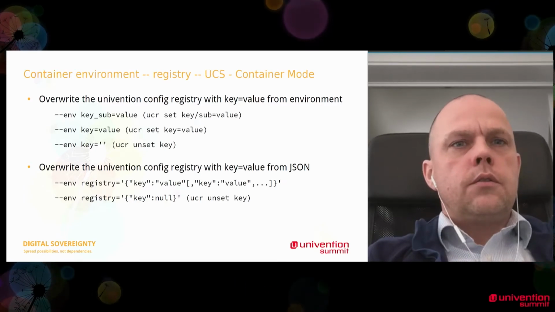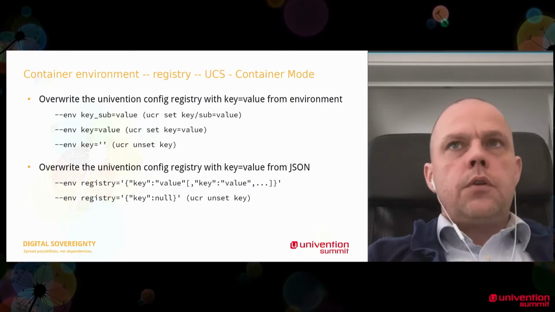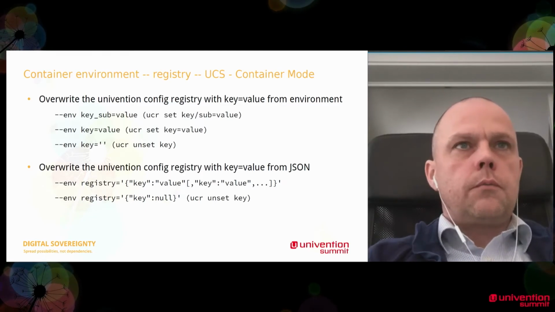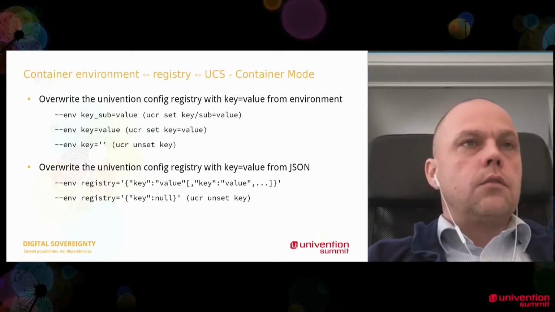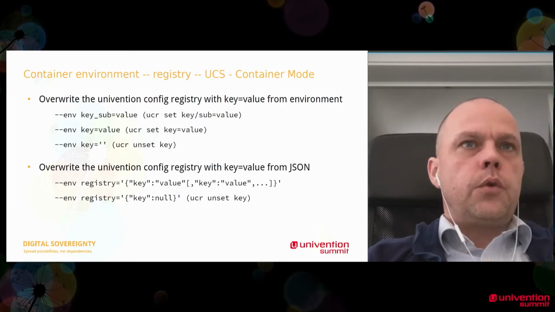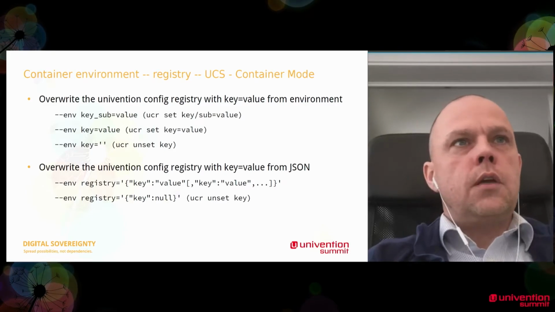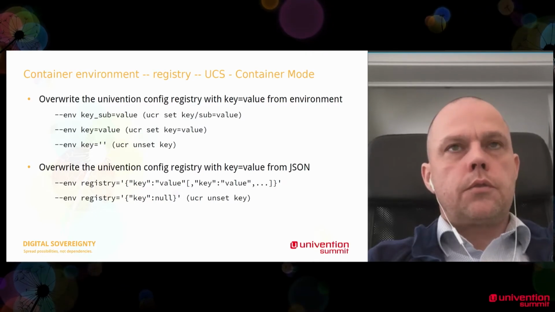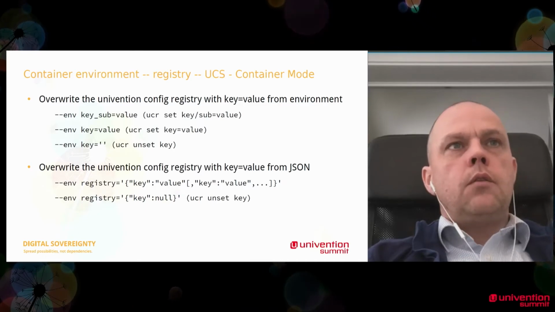Now let's move on to what I feel is the most interesting topic, really. How can we adjust the config registry? We can do it either via environment variables or via JSON. All lowercase variables will be taken to the registry, except the registry itself is not taken into consideration, and certificates are not considered.